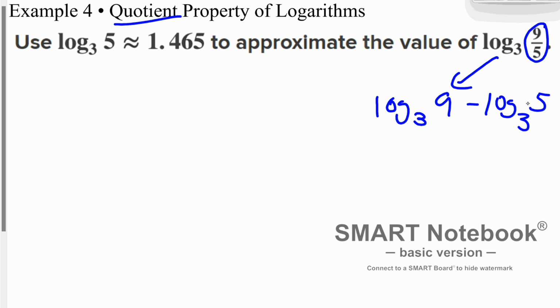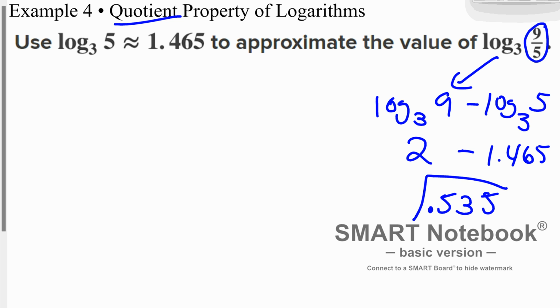It says log base 3 of 5 is 1.465, and for log base 3 of 9, 3 raised to what is 9? That'd be 2, right? So then I can just subtract these, and what I get is 0.535.